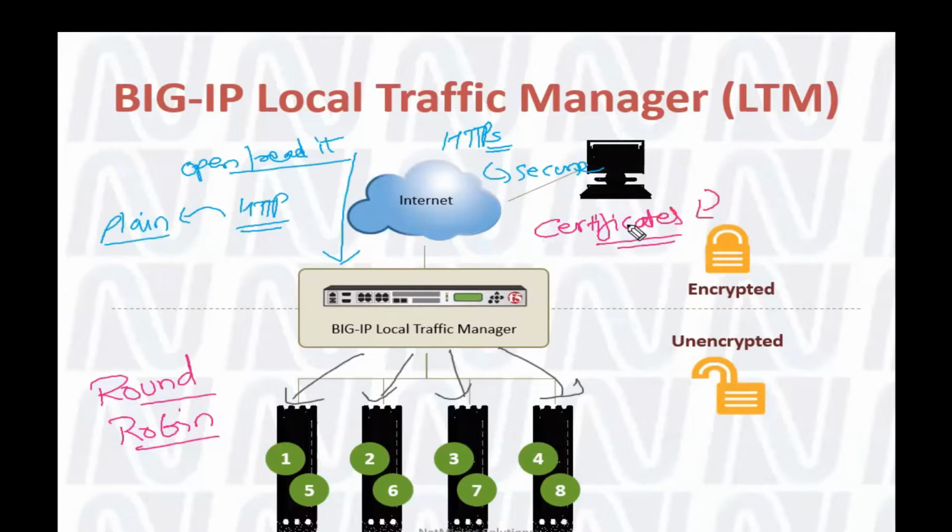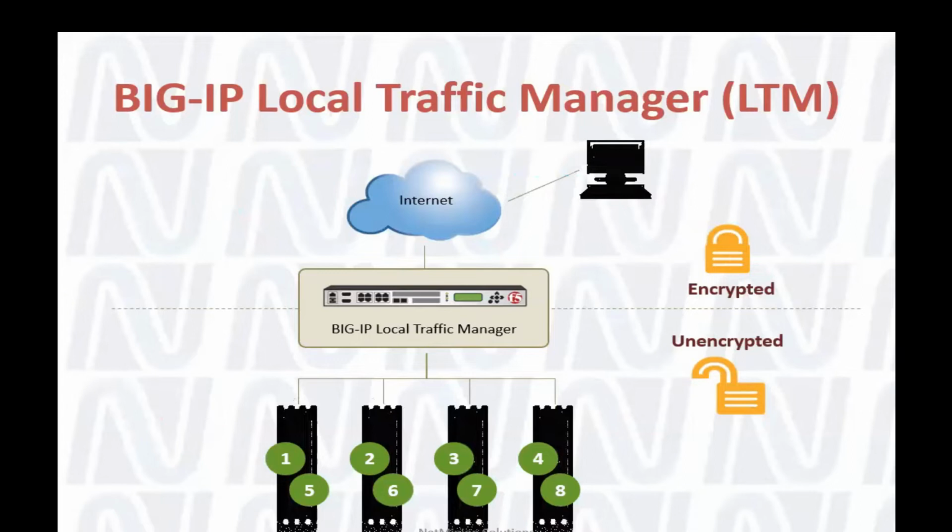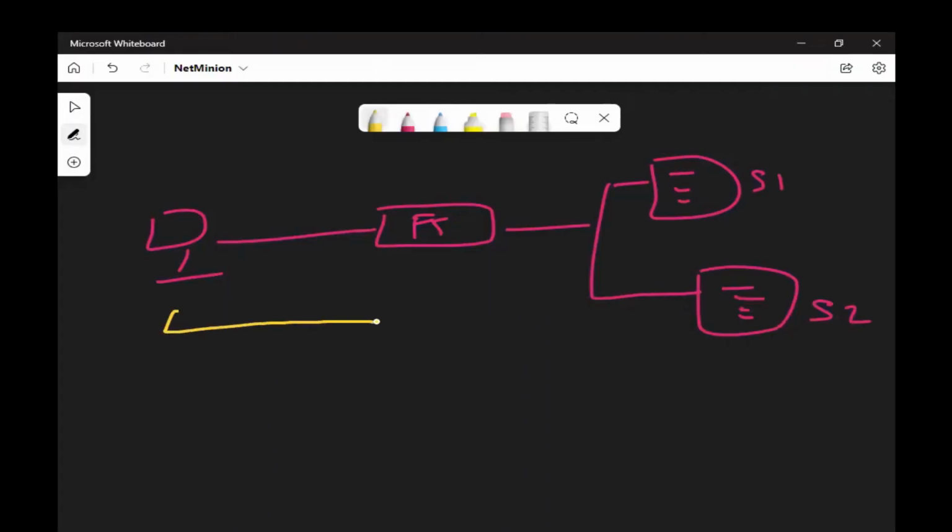Although there is a complete class, again, don't worry, I am just giving the overview. We will talk about certificates. There is a huge session of 1 hour, or maybe 2 hours. But there are these certificates. Let me bring out my whiteboard again. Whenever a client comes with any request, it will be encrypted.